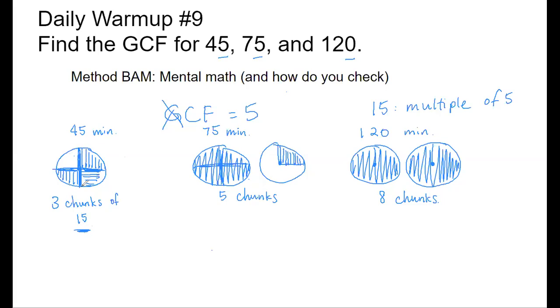No. This one I can, 120, but not 75, not 45. Can I break it into chunks of 45? Well, no, then I would need 6 chunks here, but I only have 5. And I would need 9 chunks here, but I only have 8. And I don't think I can have anything bigger than 45 because this is 45. So 15 is indeed our greatest common factor.